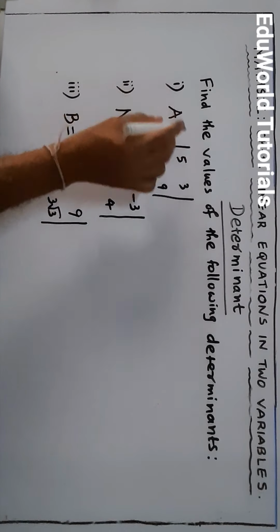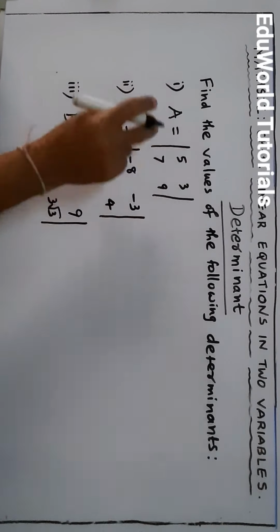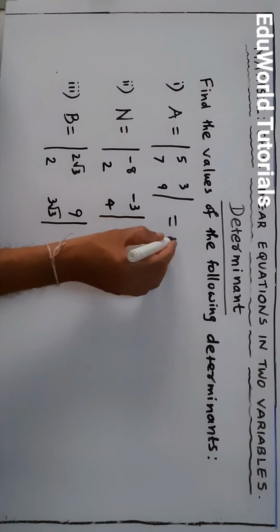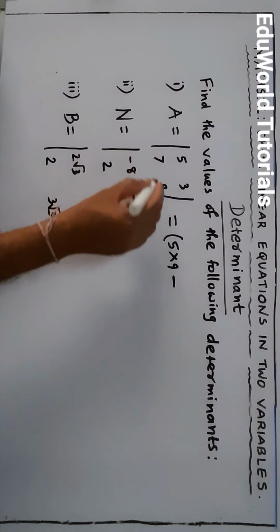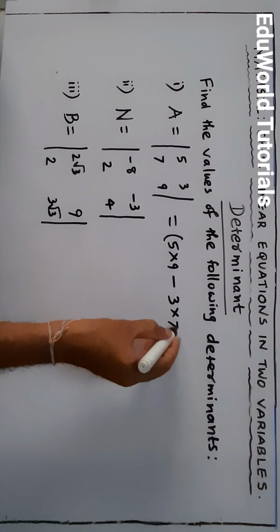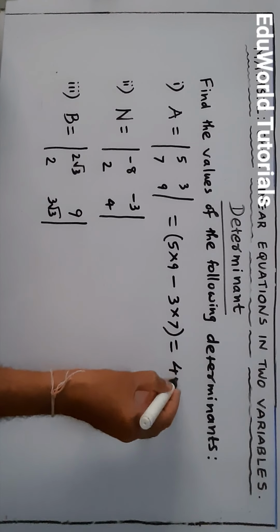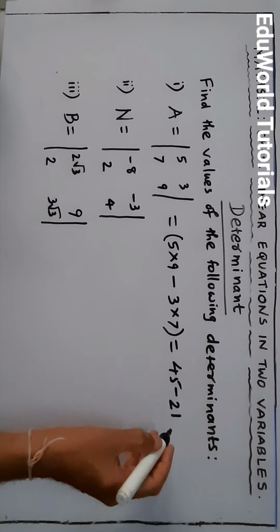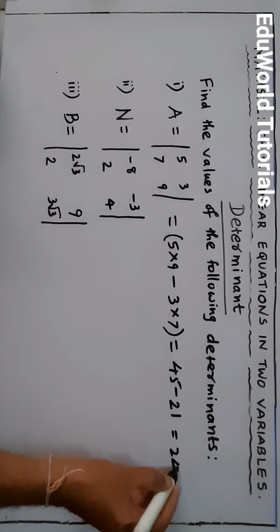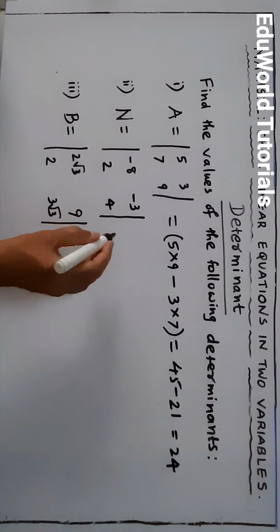Value of the determinant A, which is this. Now how to do it? Cross multiply. 5 into 9 is 45, minus the other product, 3 into 7. So that is equal to 45 minus 21, which is 24. This is the value of the first determinant.